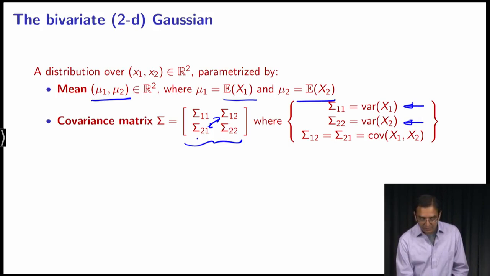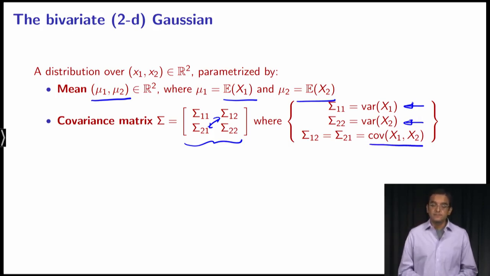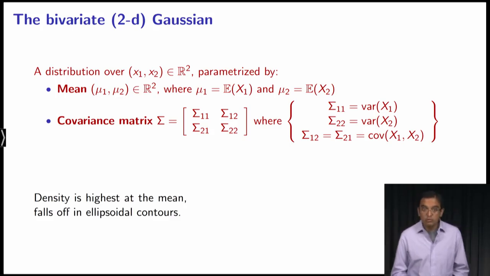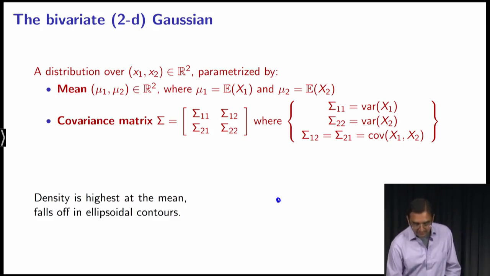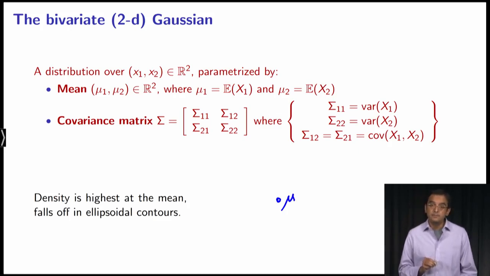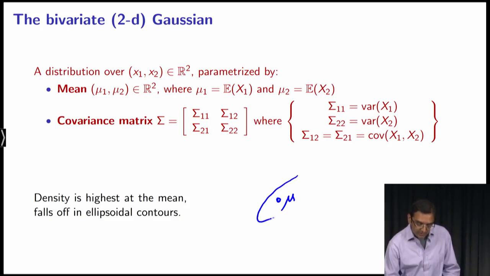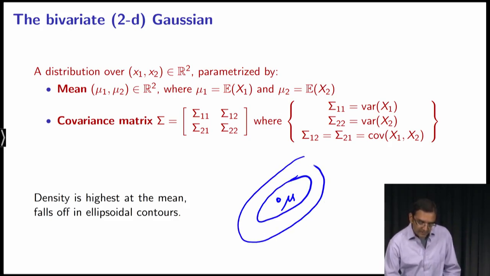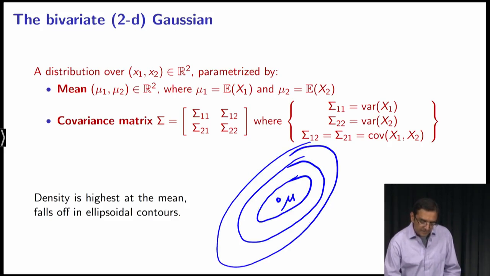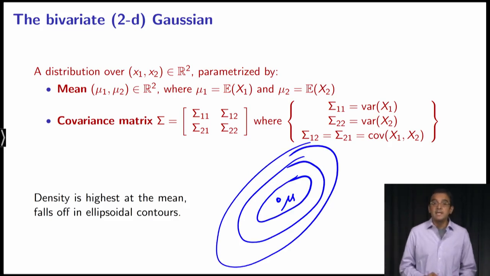That's sigma 1,2 or sigma 2,1, and that's the covariance of x1 and x2. Okay? So these are the parameters of the 2D Gaussian distribution. Now we already talked about the shape of this distribution. The point of highest density is the mean mu, and then the density falls off with these ellipsoidal contours, something like this, where the shape of these ellipsoids is given by the sigma matrix.